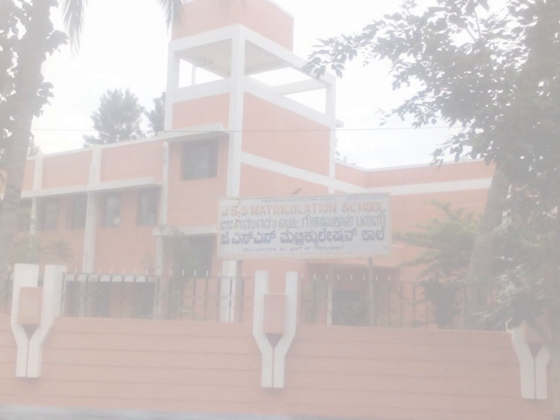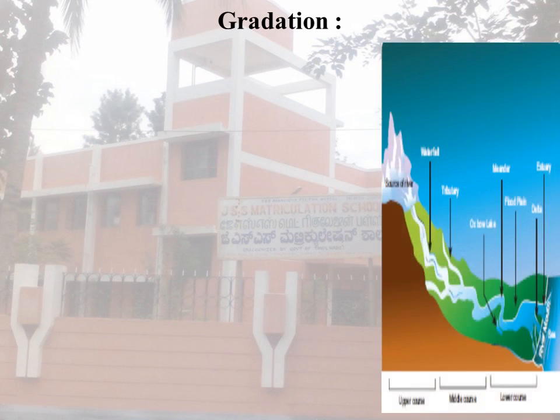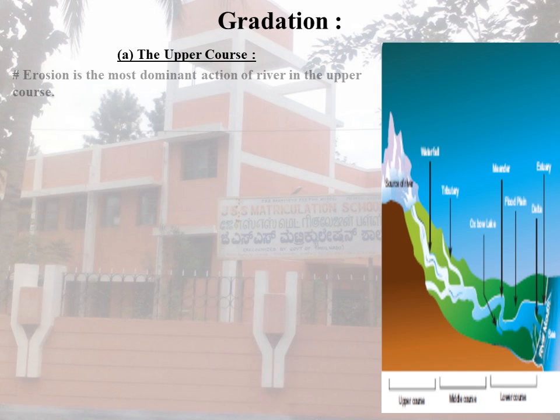So now we are going to learn about the courses of a river. The first heading, the upper course. Erosion is the most dominant action of a river in the upper course. In this course, a river usually tumbles down the steep mountain slopes.